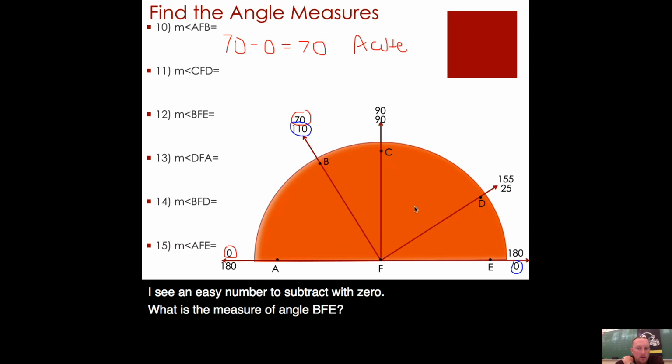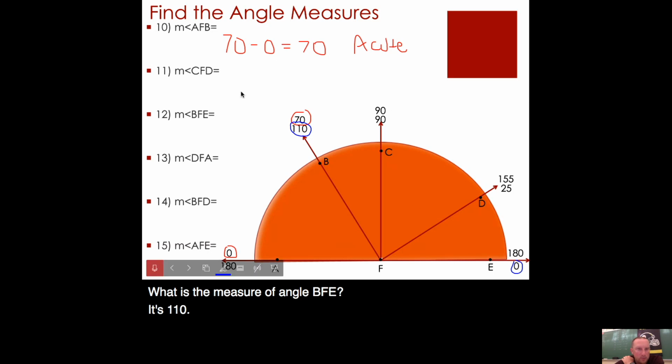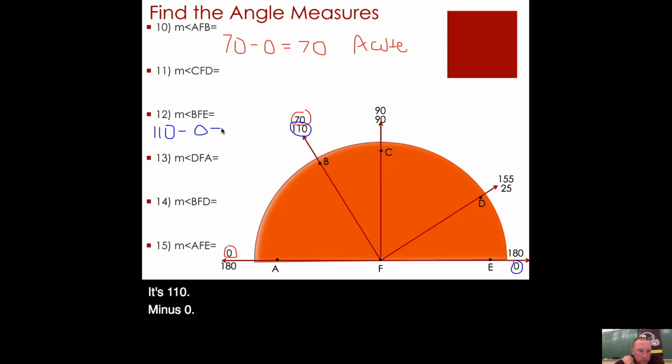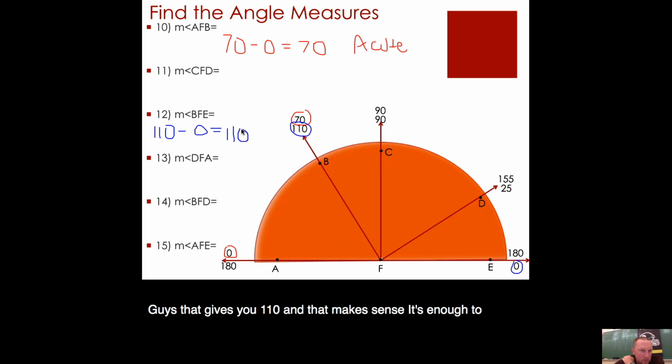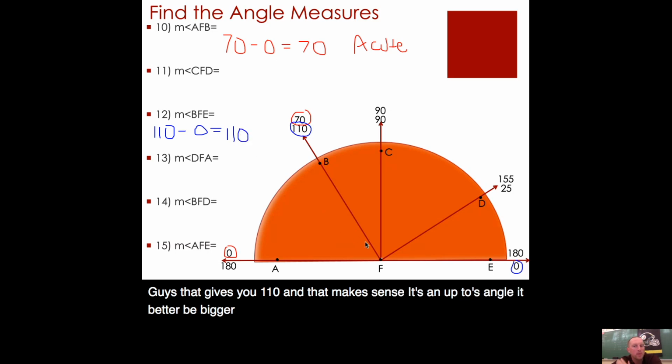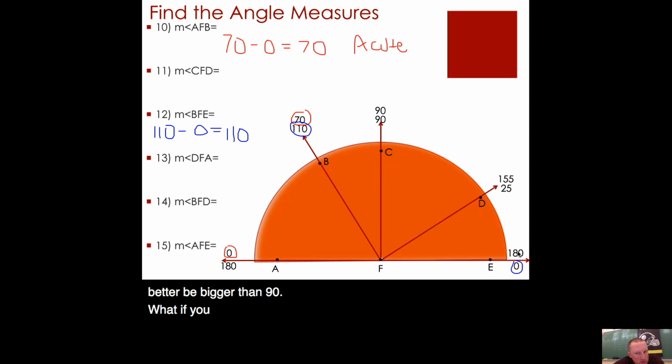It's 110 minus 0. Okay, so that gives you 110, and that makes sense. It's an obtuse angle. It better be bigger than 90. What if you subtracted the top numbers? 180 minus 70. You still get 110.